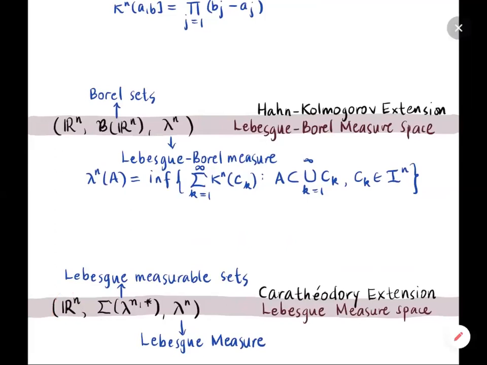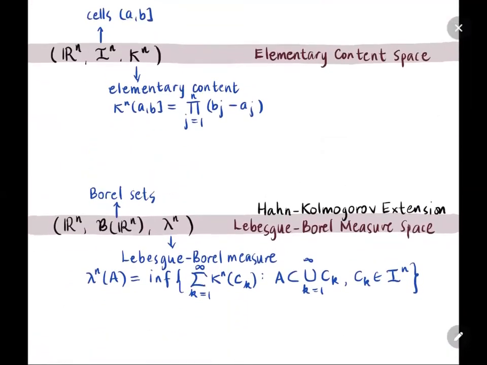And this Lebesgue measure here will be denoted by lambda n as well. So again, to summarize, starting from the elementary content space on cells, you apply Hahn's theorem to extend this to the ring of figures.